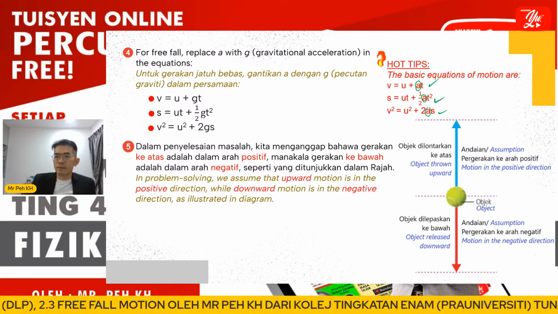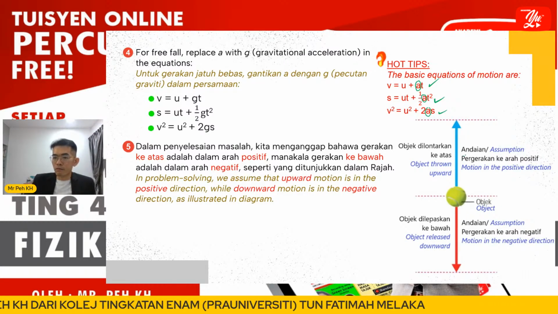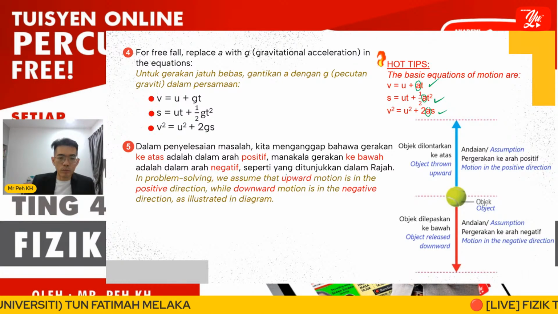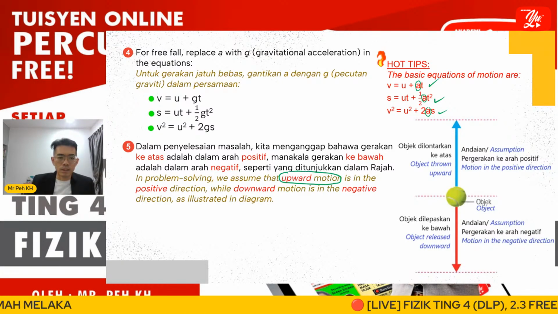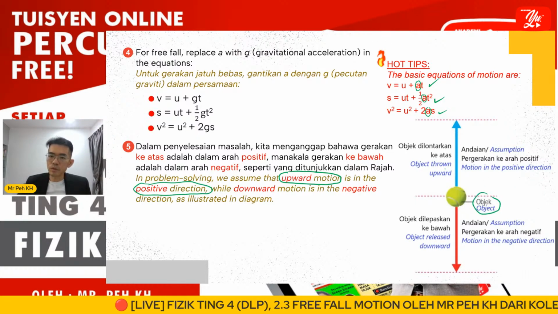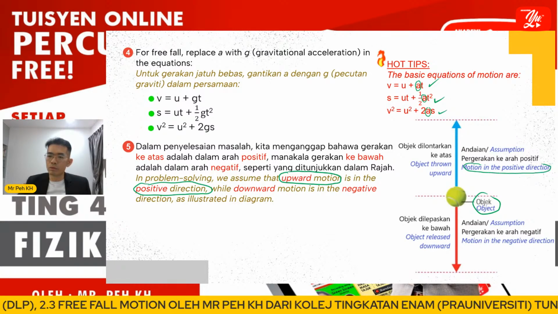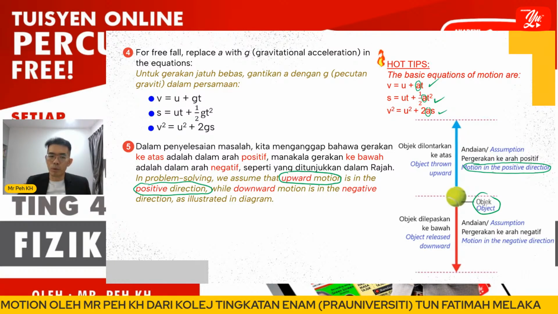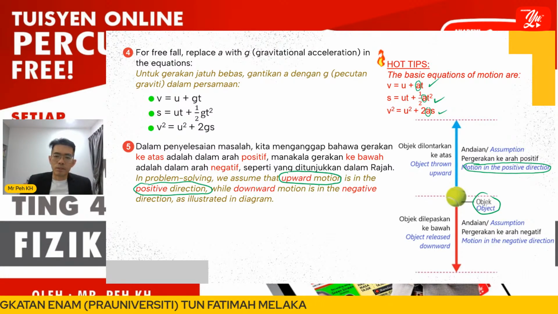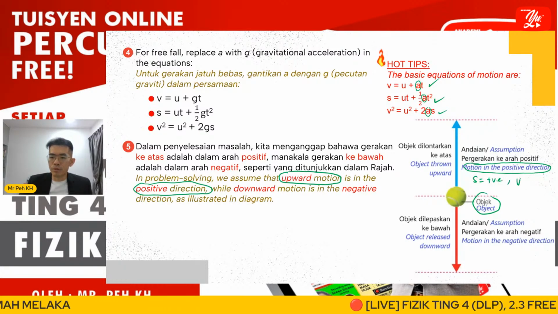Okay, so here, before we go for calculation or problem solving, you need to know the sign of the parameters, whether positive or negative, for different directions. In problem solving, we assume upward motion is in the positive direction. So when the object is thrown upward, we assume positive direction, which means the displacement is positive and velocity is also positive.